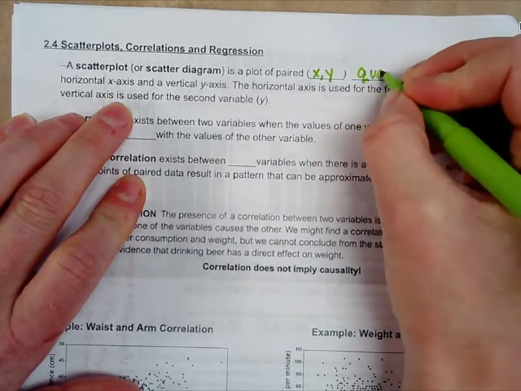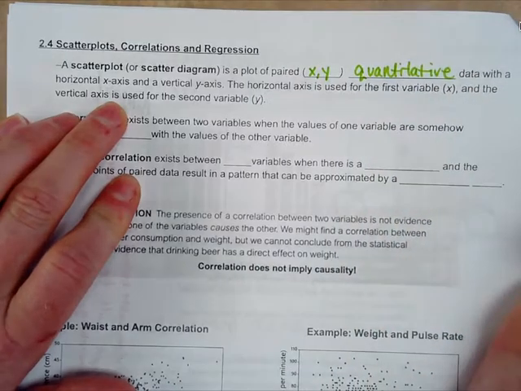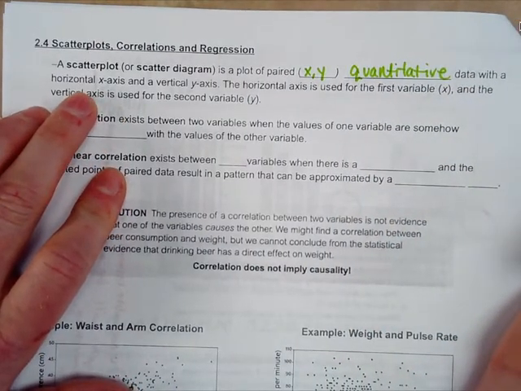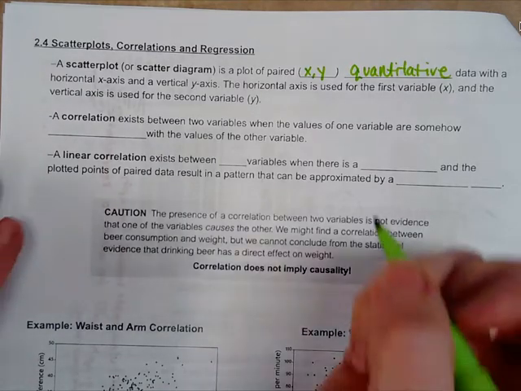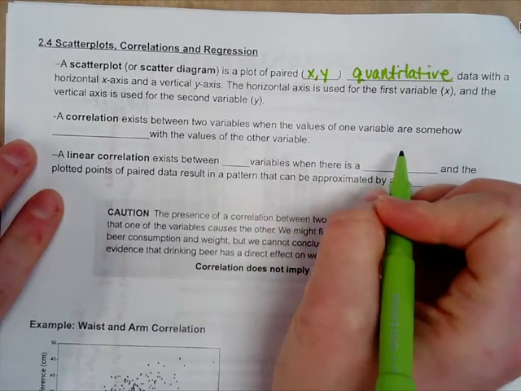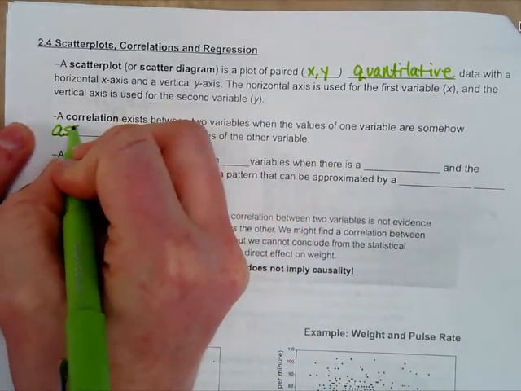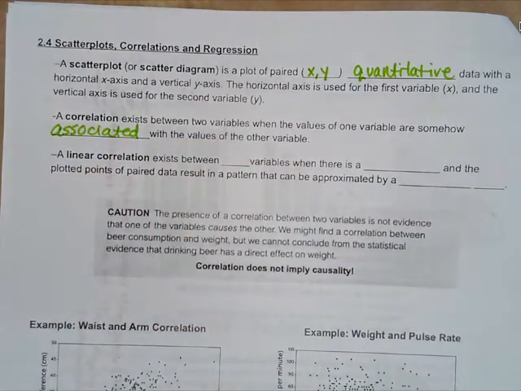quantitative data with a horizontal x-axis and vertical y-axis. The horizontal axis is used for the first variable x. Vertical is for the second variable y. Correlation exists between two variables when the values of one variable are somehow associated with the values of the other variable.